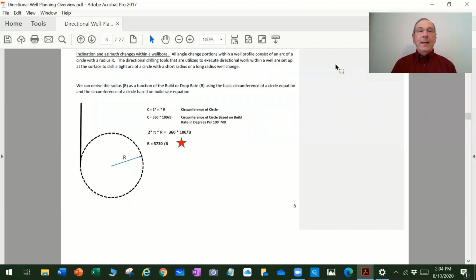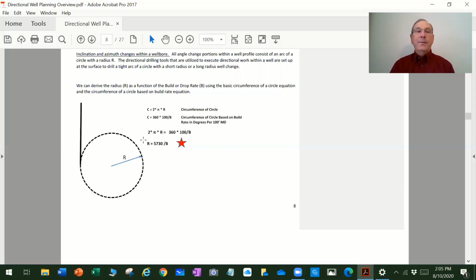Now, inclination and azimuth changes when a wellbore is drilled always consist of some arc, which is part of a circle with a radius of r. So I've drawn a circle here down in the ground, and it has a radius on it. The directional tools are set up at the surface such that they are going to drill some circle, either with a large radius or small radius.